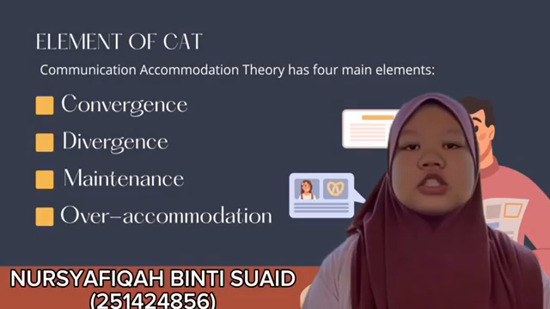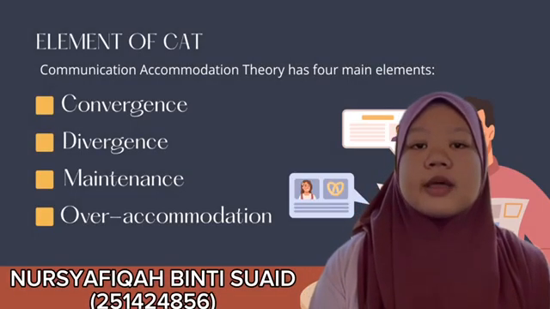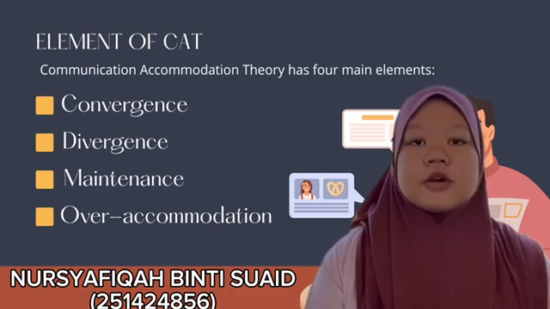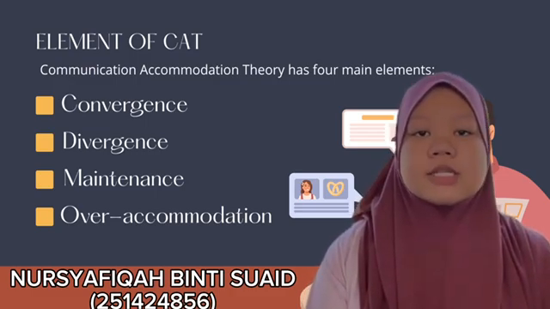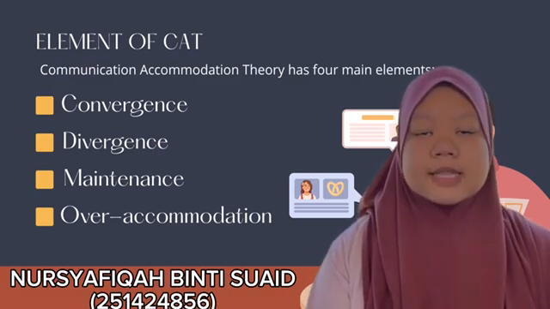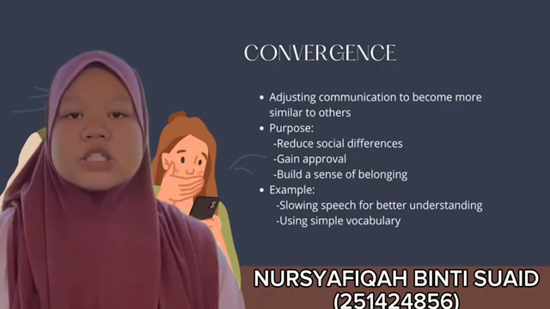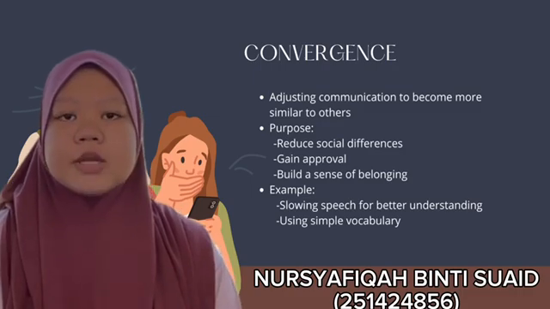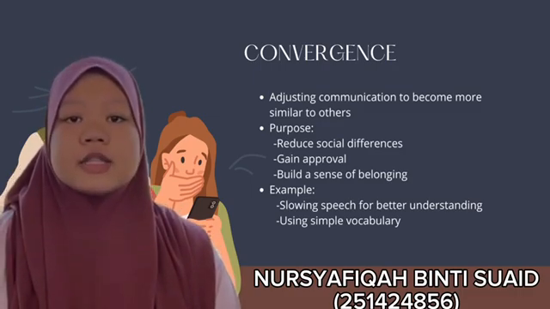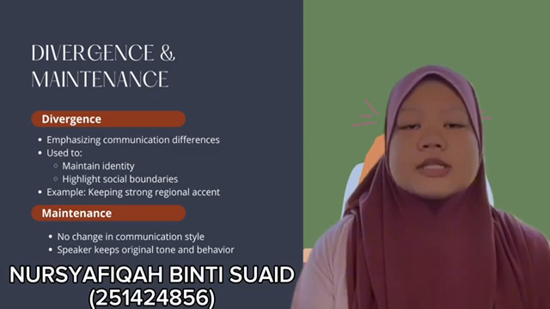My name is Nur Shafika binti Sonit, and today I would like to share with you about the elements of communication accommodation theory. So there are several types of CAT. The first one is convergence. Convergence happens when a speaker adjusts their tone to be familiar with another person. The second one is divergence.